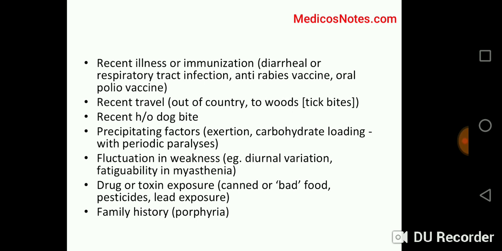Ask whether there is any recent travel, any history of dog bite, any precipitating factors such as exertion or carbohydrate loading, which indicate an underlying periodic paralysis. See whether the patient has any fluctuation in weakness, indicating myasthenia gravis. Ask about the history of drug or toxin exposure and any family history of weakness to rule out underlying porphyrias.